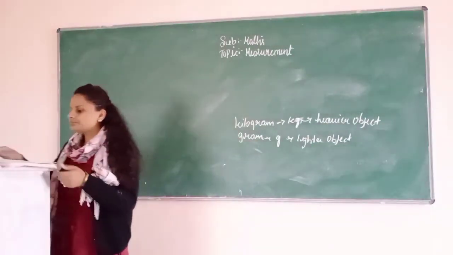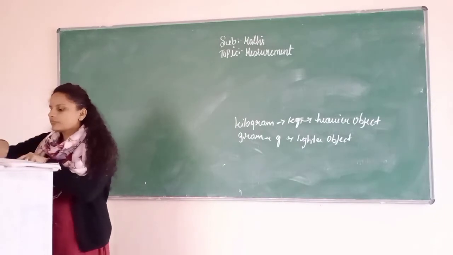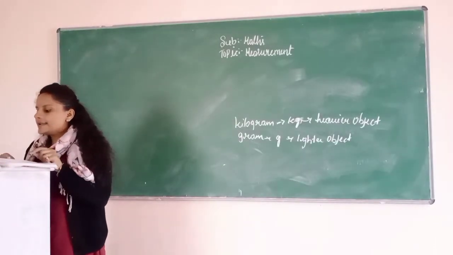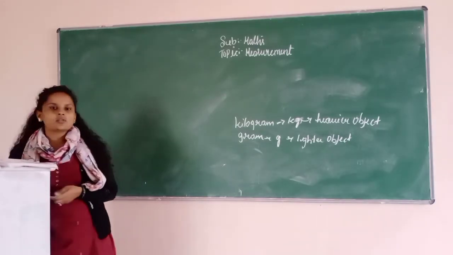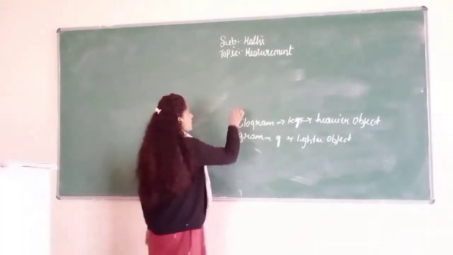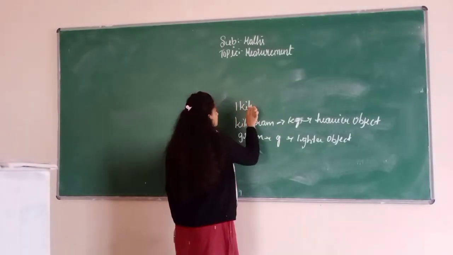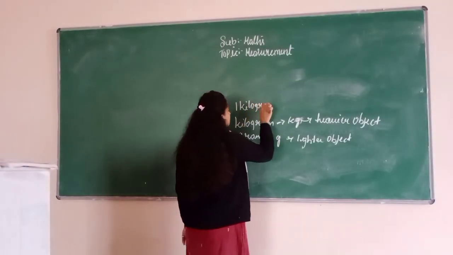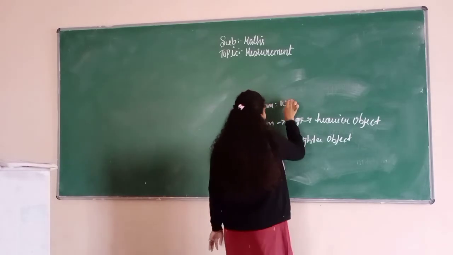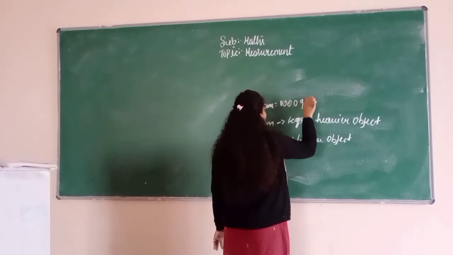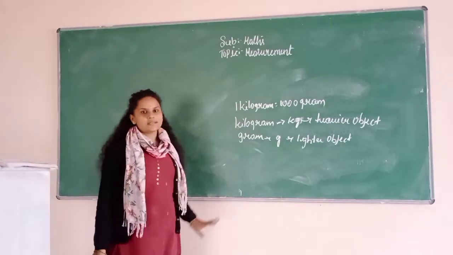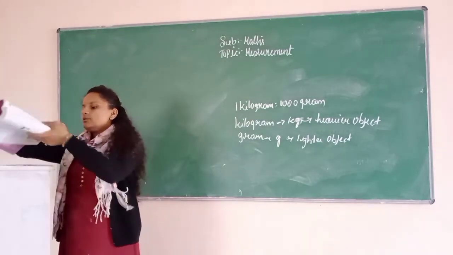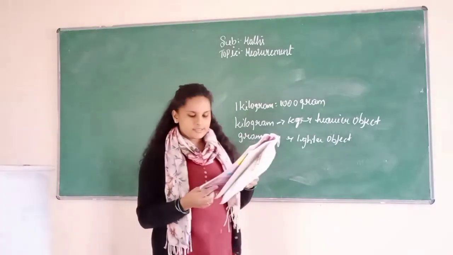Okay children? Say, 1 kg is equal to how many grams? 1 kilogram is equal to 1000 grams. So take out page number 165.